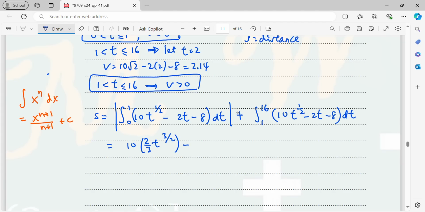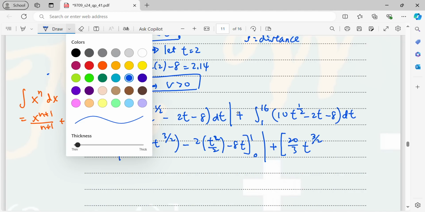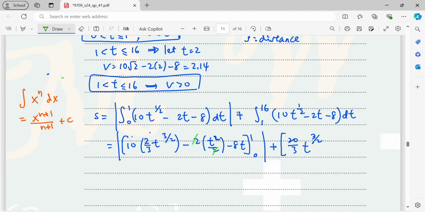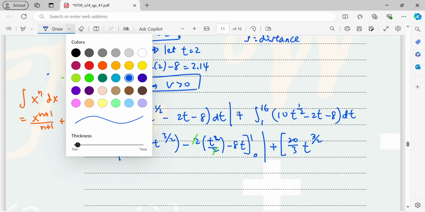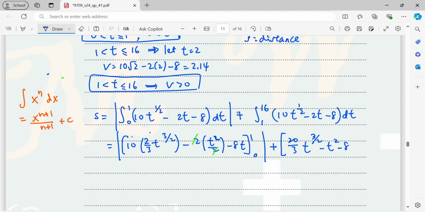So here minus 2t squared over 2, then minus 8t, with limits 0 to 1 and put a modulus. So same goes to the other one. This is 20 over 3 times t power 3 over 2. Then the 2 and 2 you can cancel off, that means you are getting t squared. So minus t squared minus 8t. This will be your integration.